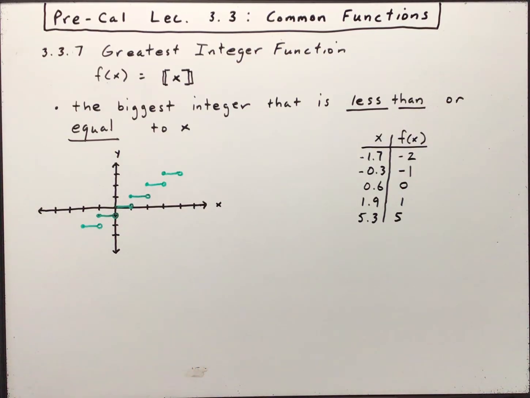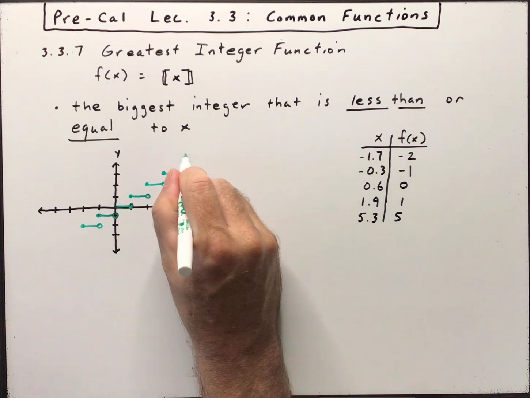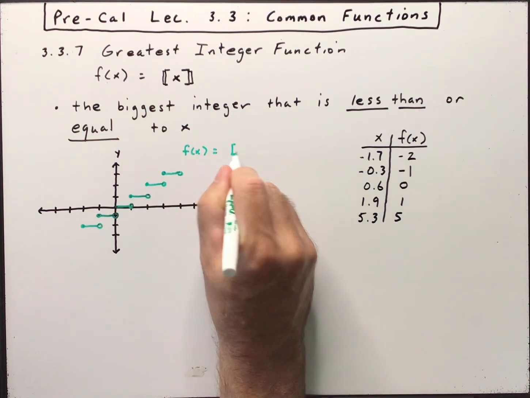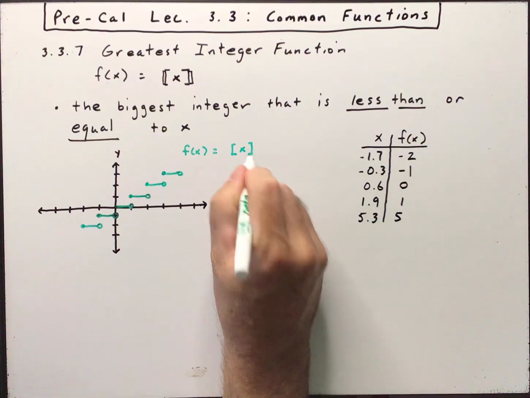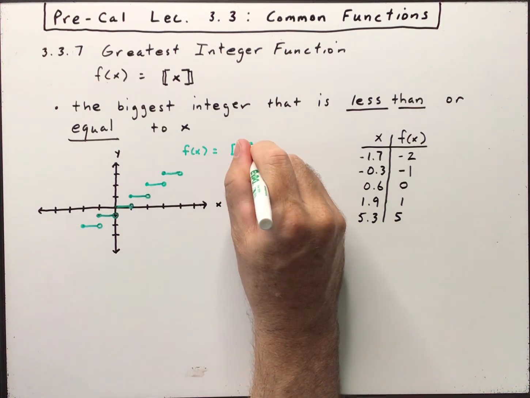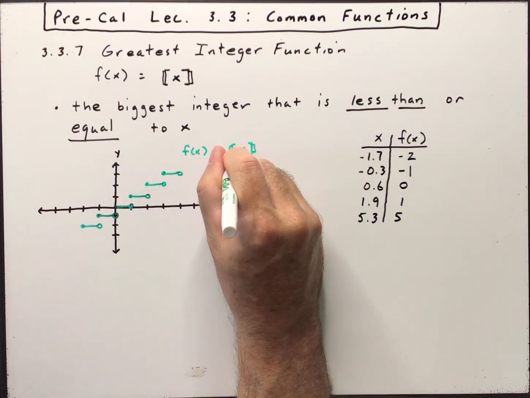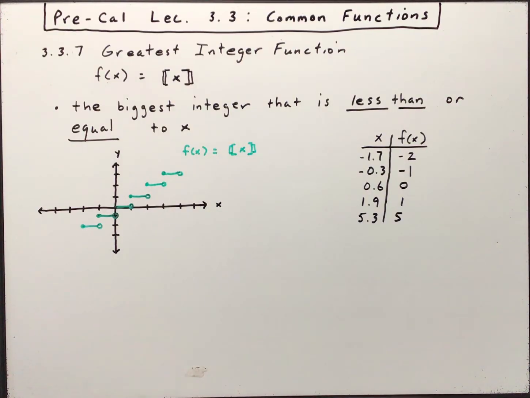So we'll call this f of x is equal to greatest integer of x. And usually on the board I would just do brackets. In the textbooks it'll have an extra line there.